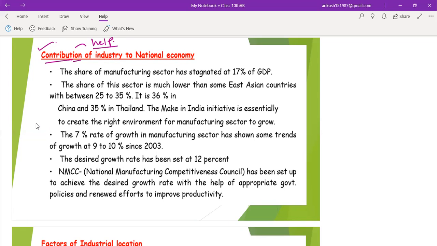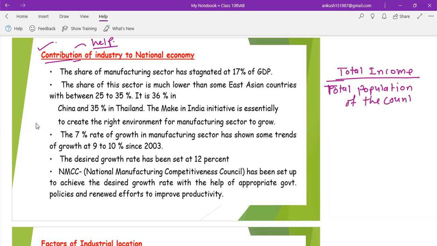Okay. So how does it calculate? Total income of the country divided by total population of the country. What would be the answer there? Definitely the GDP, gross domestic product.